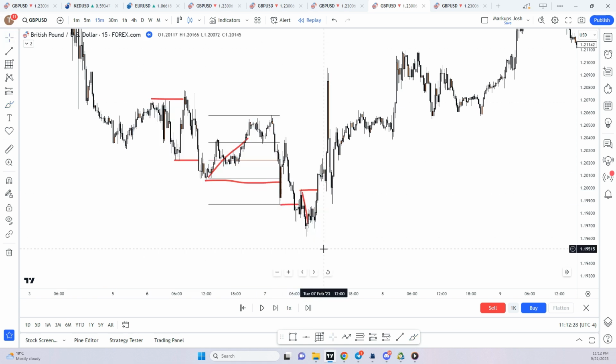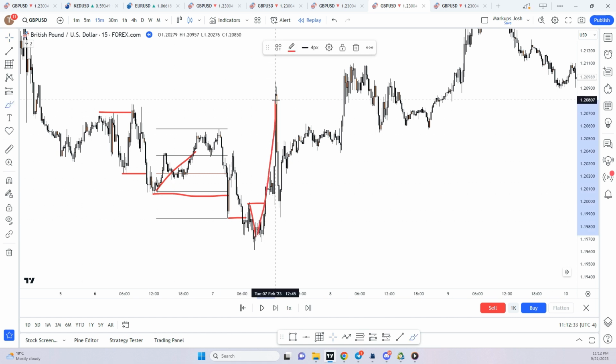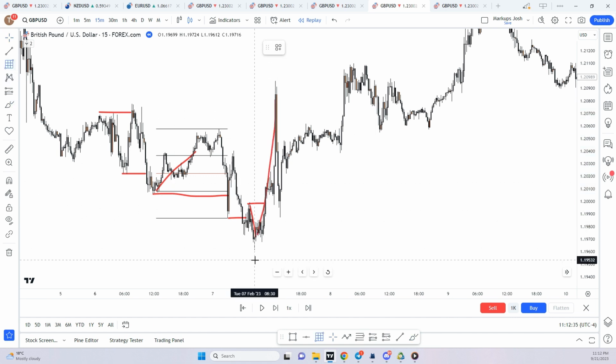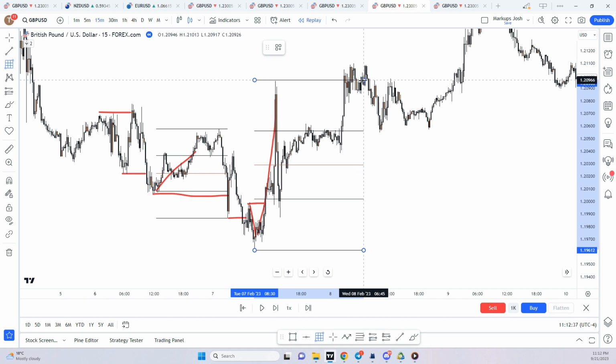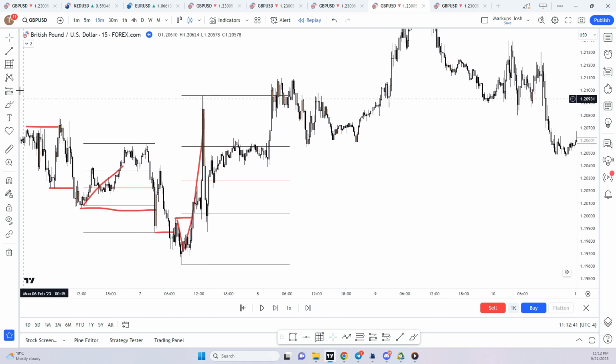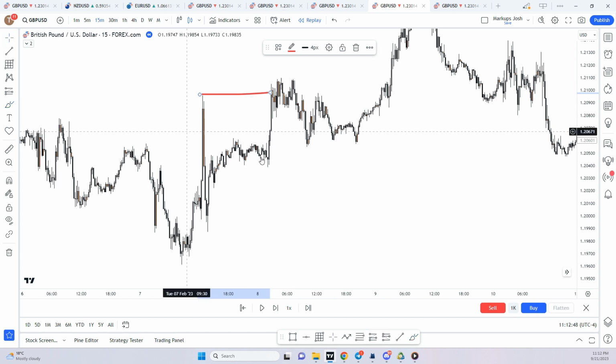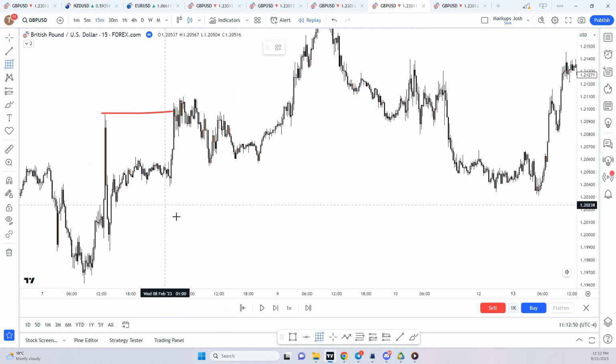What happens next? We have an impulse. We give a pullback. Where do we pull back to? The lower 30% of the range. Then we give another break in structure. Where do we pull back to?